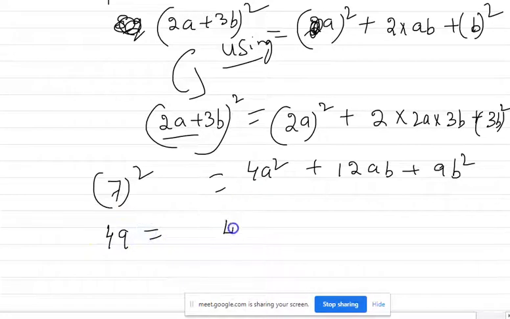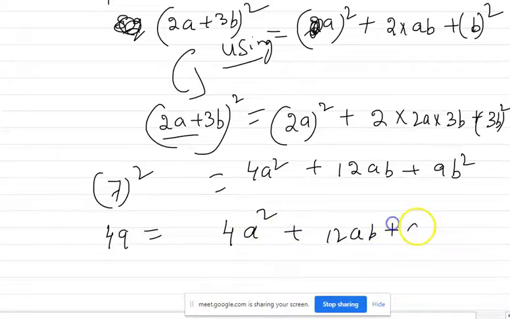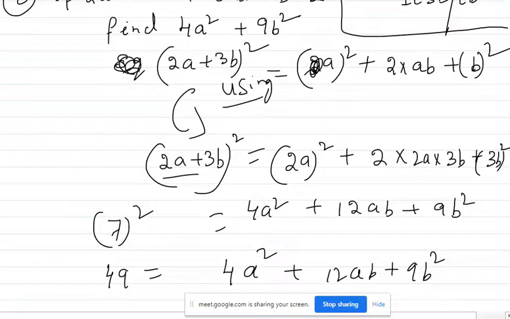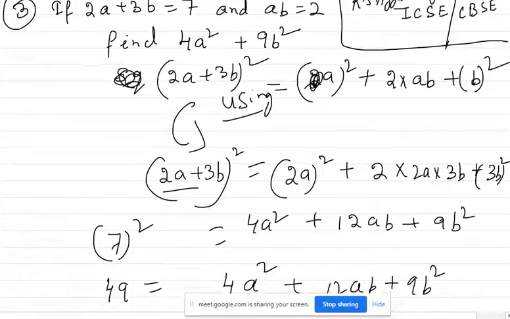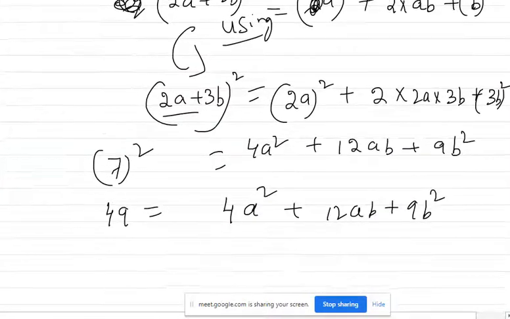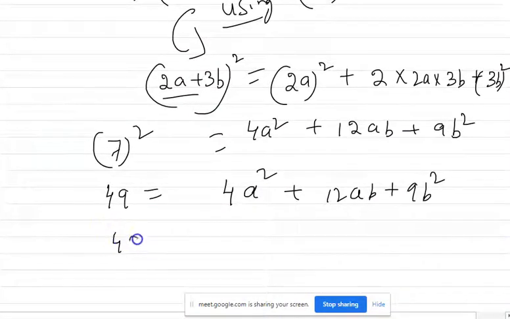So I write here 4a square plus 12ab plus 9b whole square. In the question we have to find the value of 4a square plus 9b whole square. So what is the value of ab? The value of ab is 2.